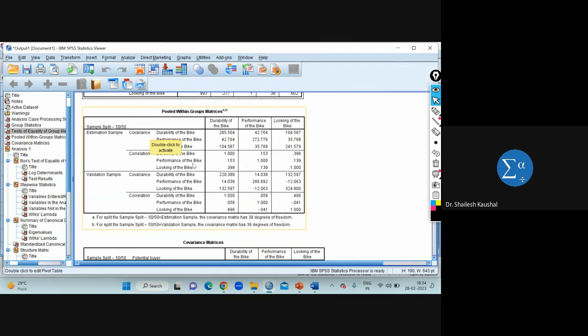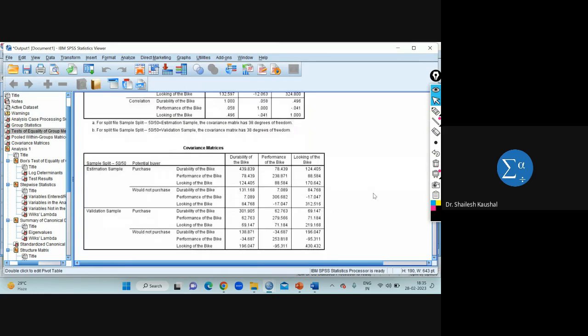Now you can see performance of the bike and durability 0.153, looking of the bike 0.398, and performance of the bike and looking 0.13. Here you can see there is no issue of multicollinearity because all the correlations among the three independent variables are less than 0.6.